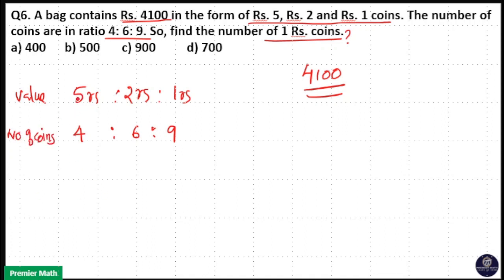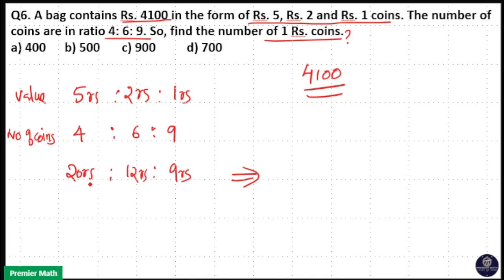That means the value of 5 rupee coins is equal to 5 into 4, 20 rupees. 2 into 6, 12 rupees is the 2 rupee coin value and 1 into 9, 9 rupees is the 1 rupee coin value. But the total value here is 4,100.